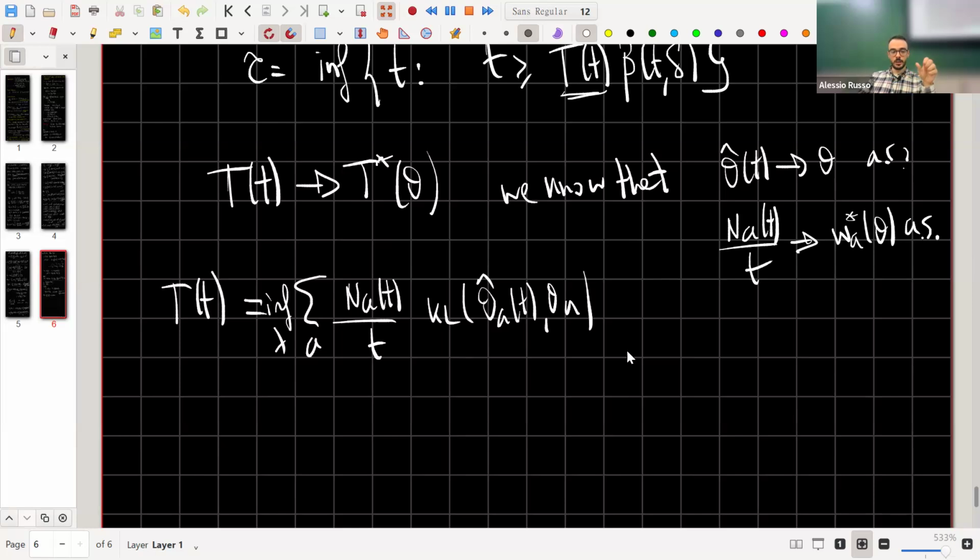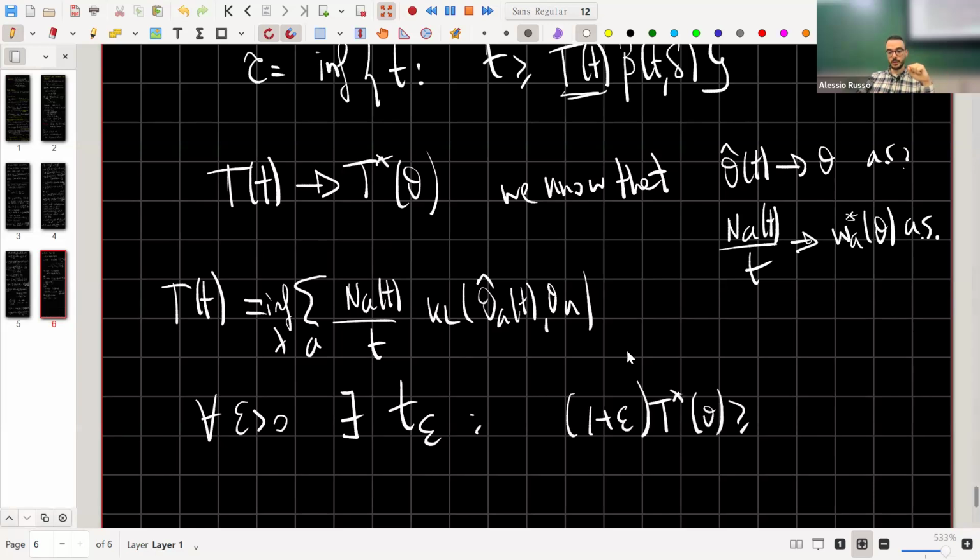So by continuity, we know that for each epsilon, there exists some time t_epsilon such that (1 + epsilon) T*(theta) will be bigger than the empirical characteristic time.